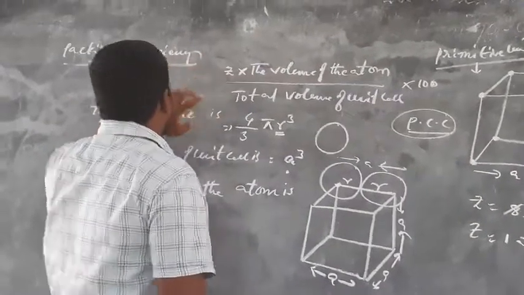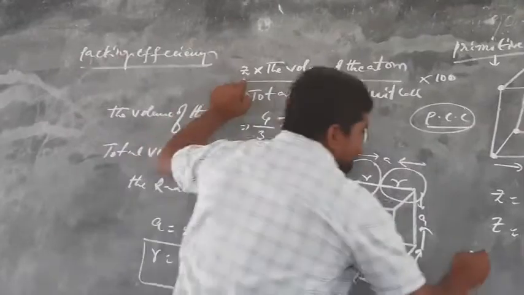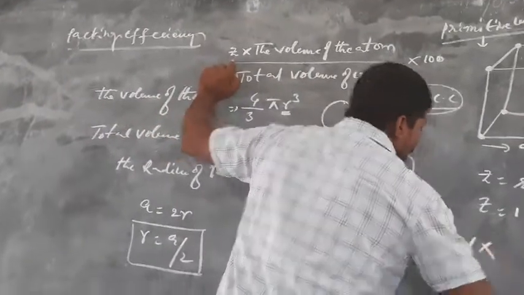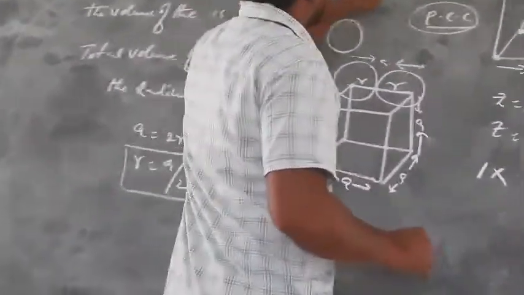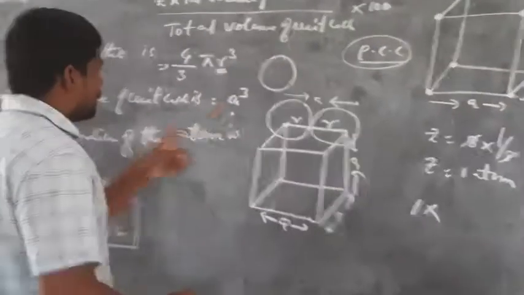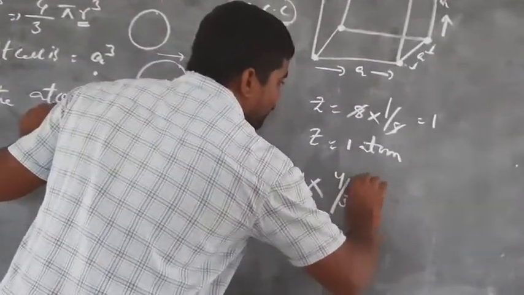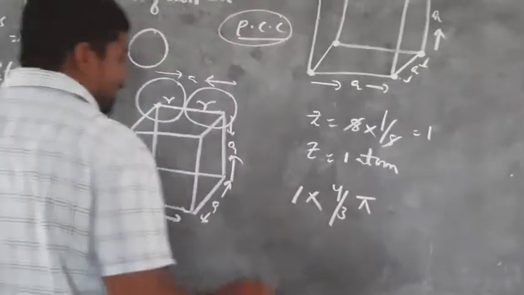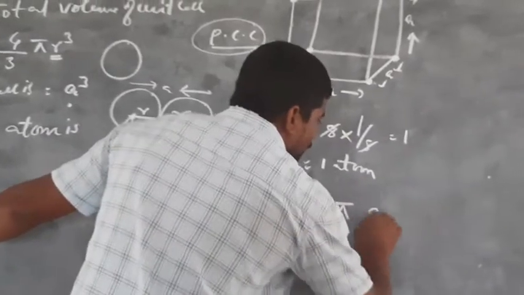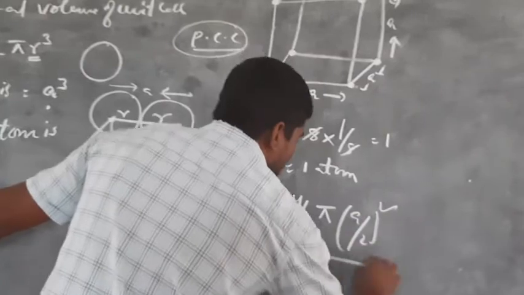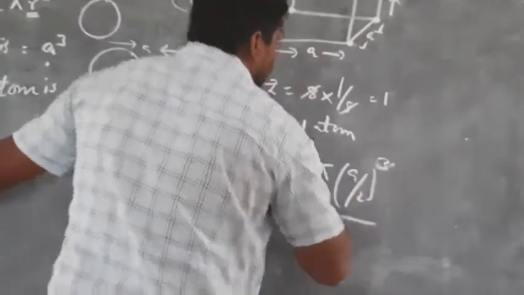What is the packing efficiency? Z means 1, into the volume of the atom. What is the volume of the atom? 4/3 pi r cube, where r is a by 2, whole cube.